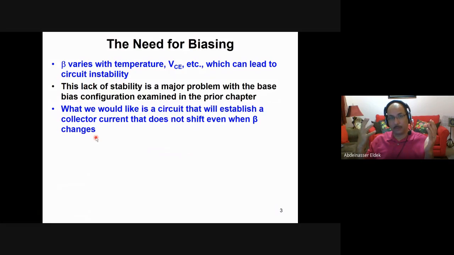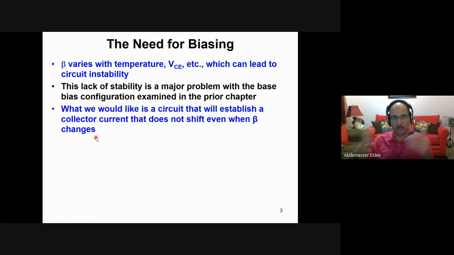It's not a function of beta, because beta is varying with the temperature. So when you run, you have current in the transistor, usually we have heat, and when we have heat, beta is increasing, and the current IC is a function of beta.